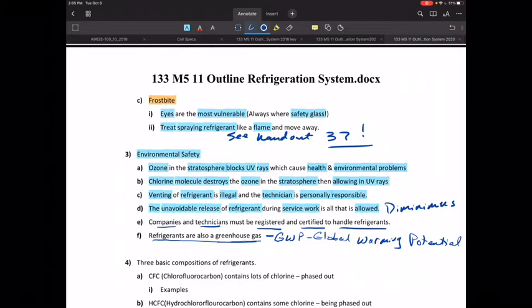But with global warming, what happens is that when you get all these refrigerants that were vented, they tend to trap these gases. One of the things they're worried about is, let's say, the carbon dioxide from automobiles and a lot of pollution.